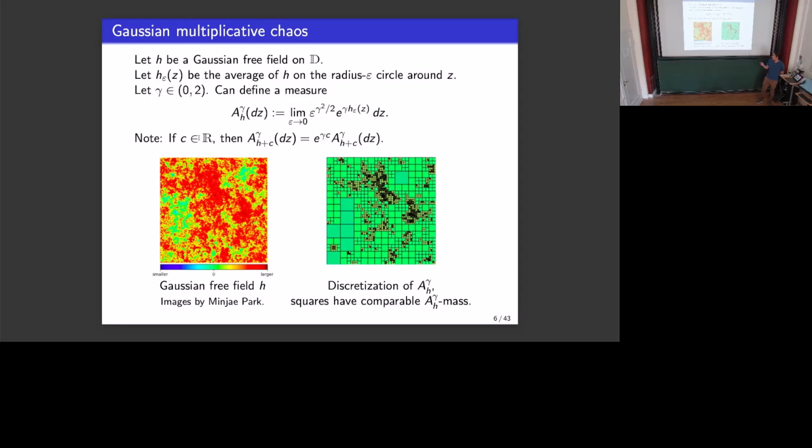So one thing I want to mention here is that, okay, this is a typo. This second plus C should be gone. But if you perturb your field by adding a constant to it, just from looking at this expression over here, adding a constant to the field is just going to change your measure by this multiplicative factor of e to the gamma c. This is immediate from this expression.